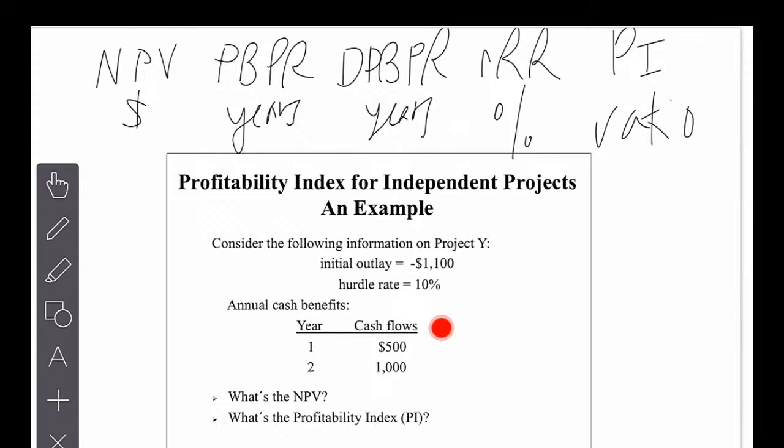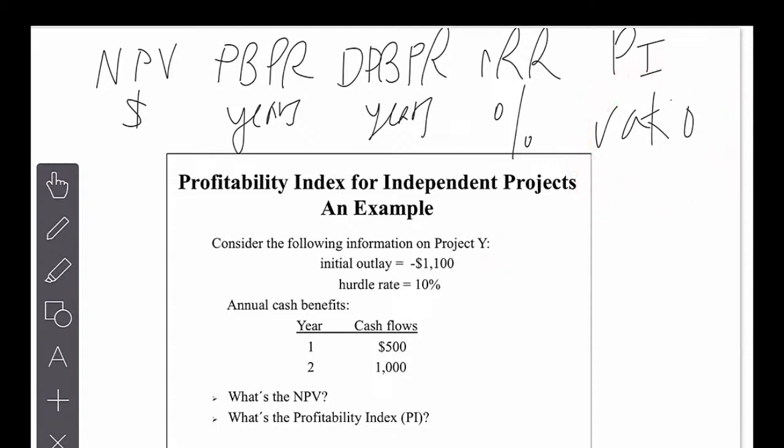There's only two future cash flows that we are concerned with. I'm going to make a ratio of present value of future cash flows divided by the initial investment. So this is the ratio.